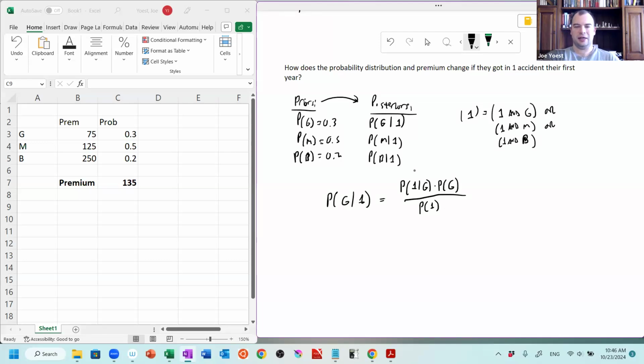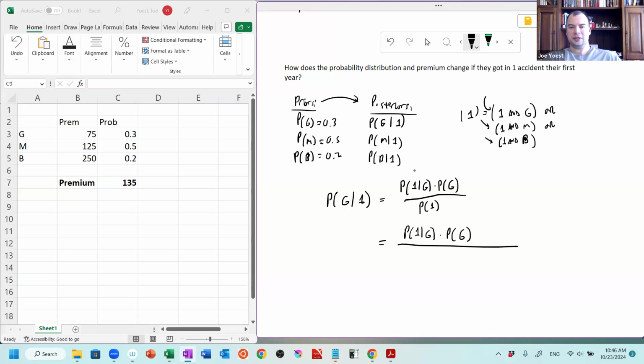I think it's pretty clear from the context, but we're assuming that good, moderate, and bad drivers are mutually exclusive. So you can't simultaneously be a good and a moderate driver. So probability of getting in one accident in 1 year, well, these are mutually exclusive, so that's the sum of these probabilities.